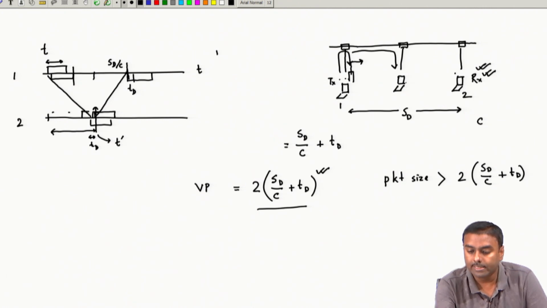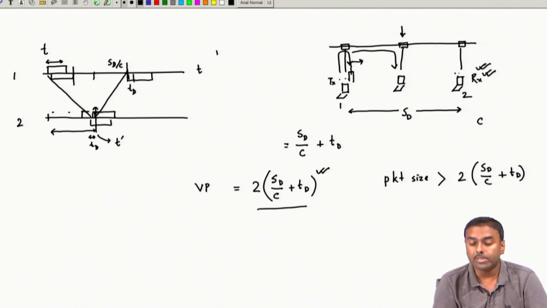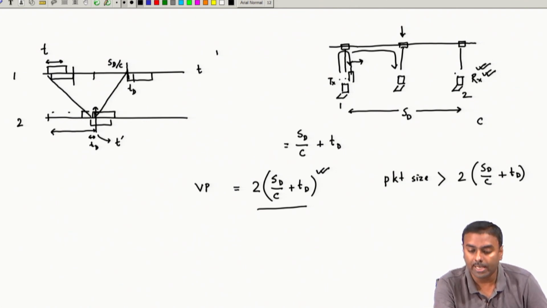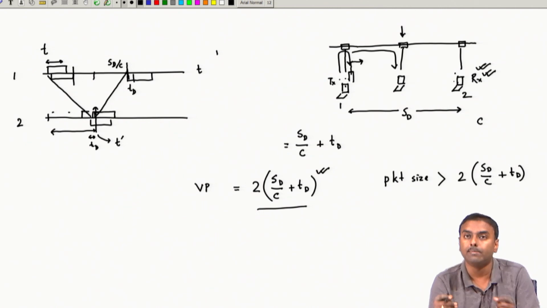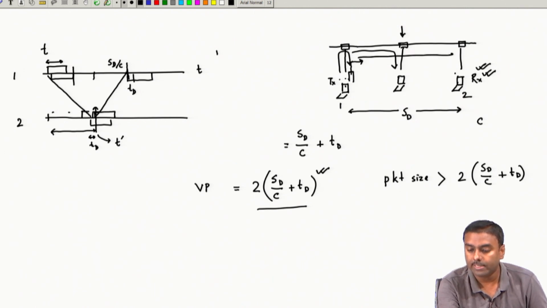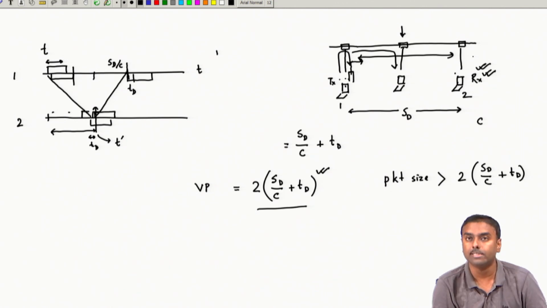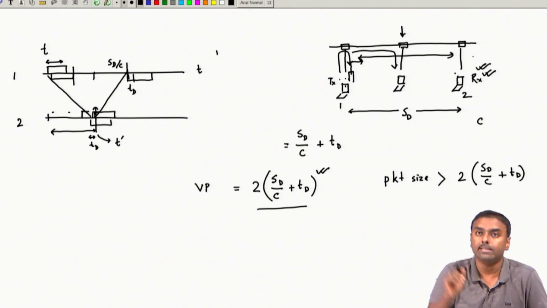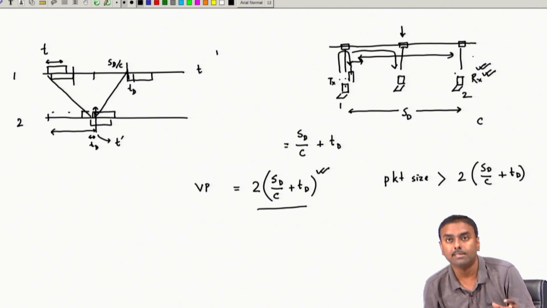Let us say this node is exactly at the middle point between these two. There might be a chance of collision over here, created by the transmission of this guy and this guy simultaneously. Whereas, because my packet size is smaller than twice the propagation delay plus detection delay of this farthest node, I will not be able to detect that collision, but it is happening at the receiver.